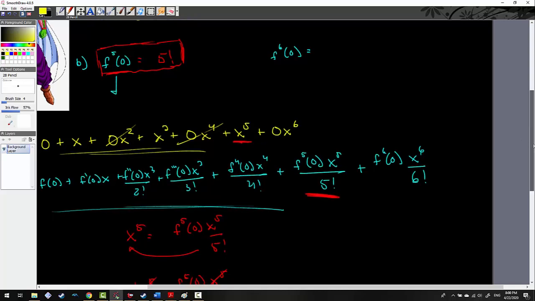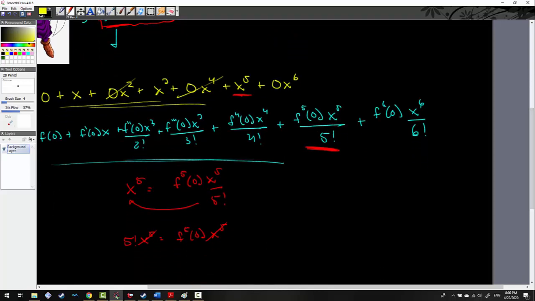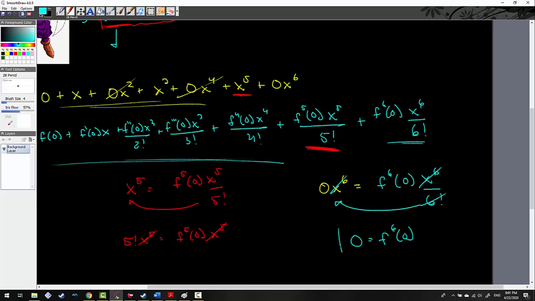So I'll solve by association yet again, and I'm going to say that 0 x to the sixth is equal to my sixth derivative general term, which is f sixth derivative at 0 x to the sixth over 6 factorial. And I think you'll see that the x to the sixths cancel each other out, and the 6 factorial, when multiplied over, will go to 0. So the sixth derivative at 0 would be 0. So hopefully that makes sense.